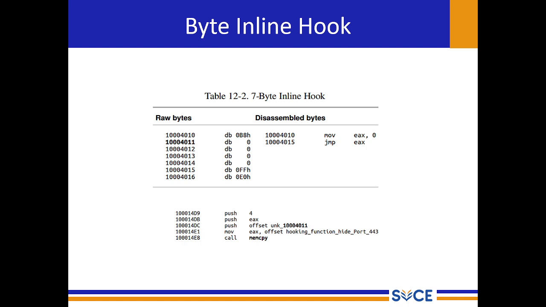This table shows the byte inline hook that was initialized, and the raw bytes are shown on the left. On the left side you can see the raw bytes, and the assembly is shown on the right. The raw bytes are disassembled by the inline hook.